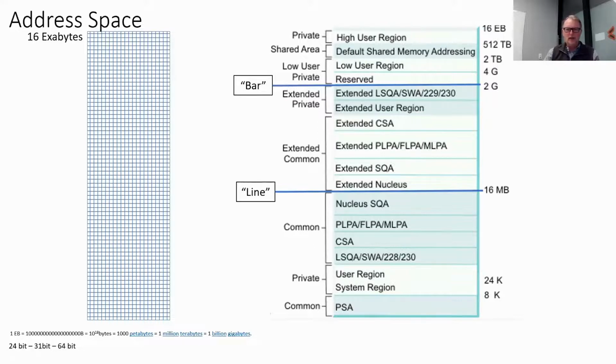Okay, so when the operating system loads for you and creates an address space, it loads things from PLPA and extended PLPA and all of these other areas within the operating system. It's loading programs and modules into this address space for you so that everyone gets an identical copy of the address space when they start.